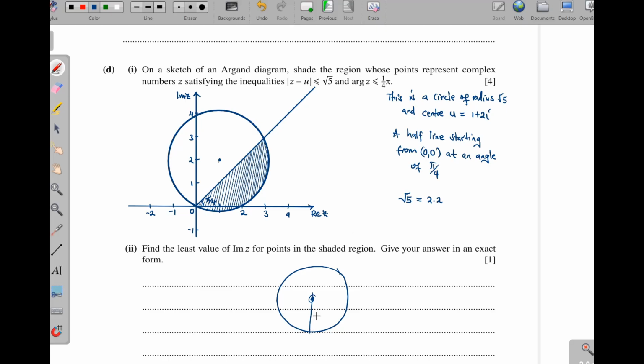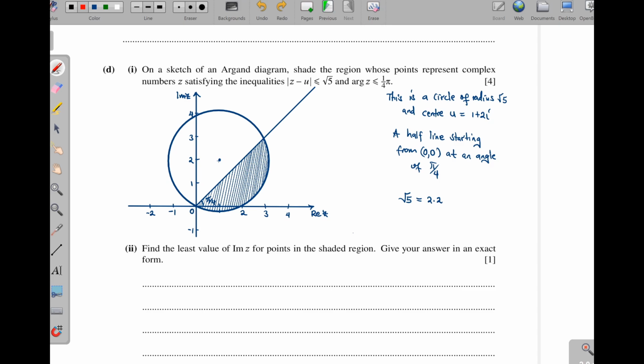Are we there? So you get maybe the x coordinate, the y coordinate you're having there, then minus the radius. Now from our sketch here, the lowest point is this one here. So we connect this to this lowest point here. It is the one that is going to give us the what? The least value of the imaginary of Z.